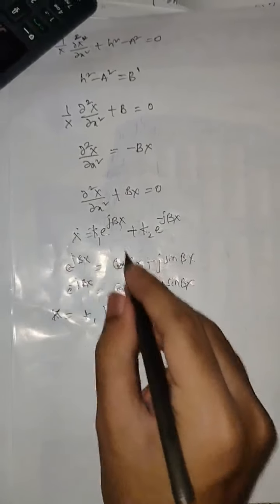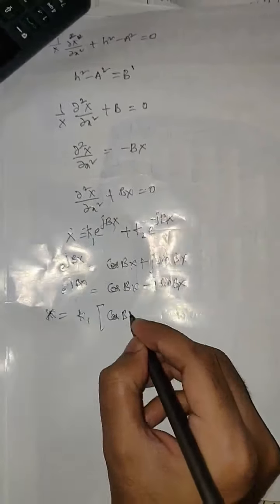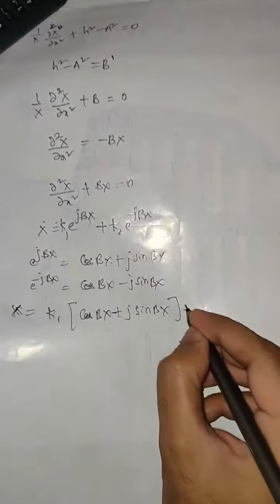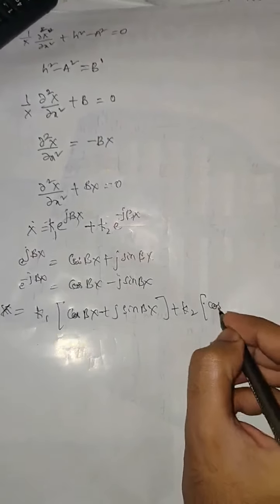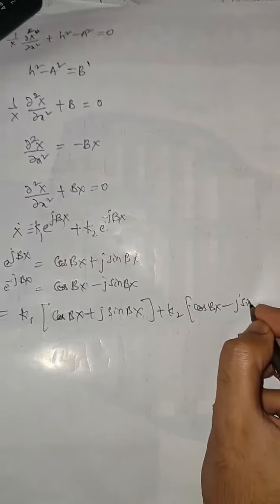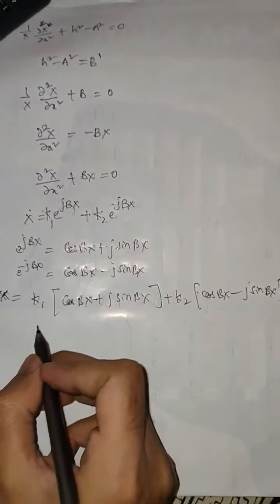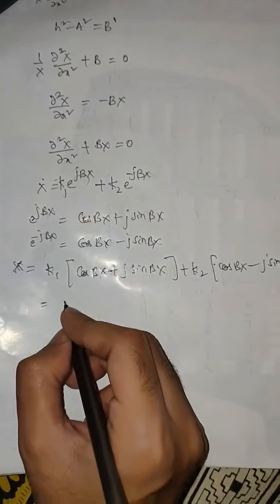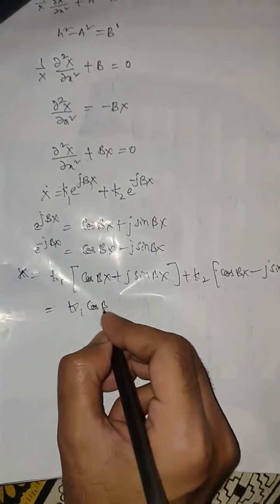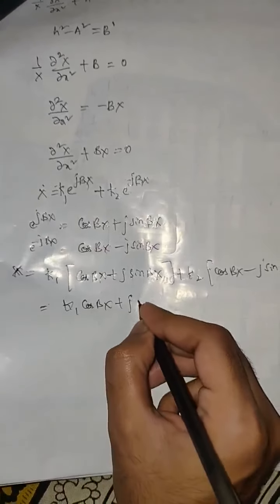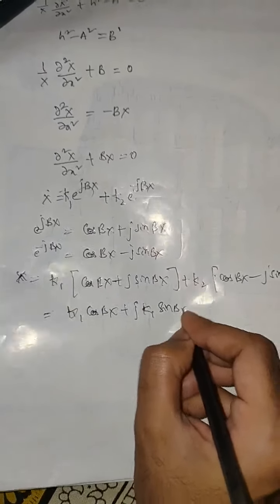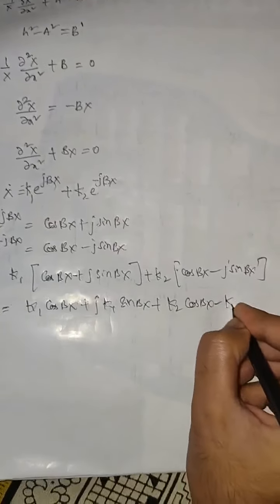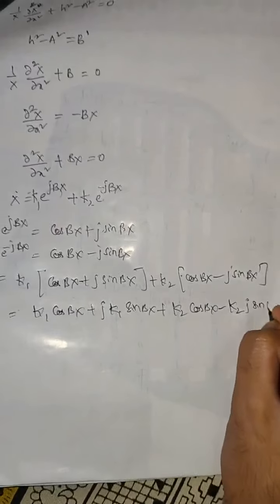So X is equal to k1 into cos bx plus j sin bx, plus k2 cos bx minus j sin bx. Okay, so now multiply this: k1 cos bx plus j k1 sin bx plus k2 cos bx minus k2 j sin bx.